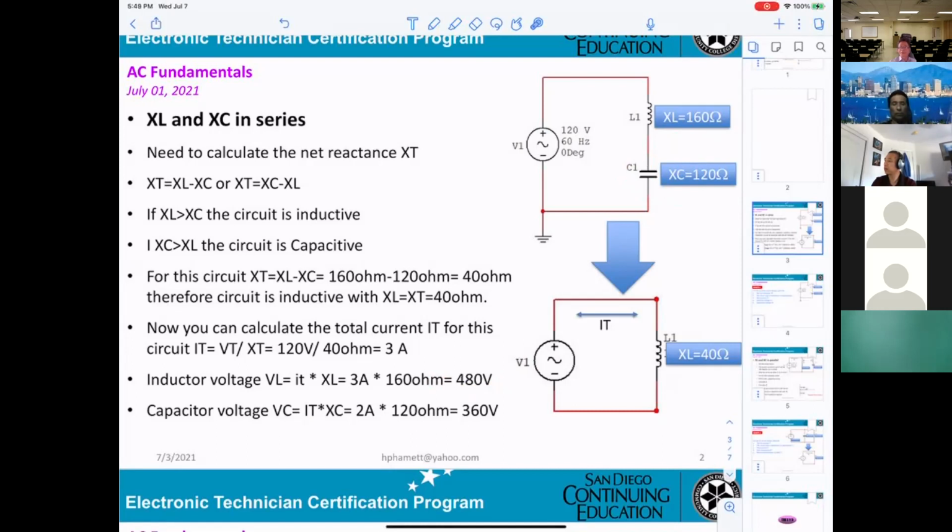So the key point here is we're looking for the current flow in here. In order to get the current flow, you must come up with the circuitry of either IC or IL. They cannot be both.